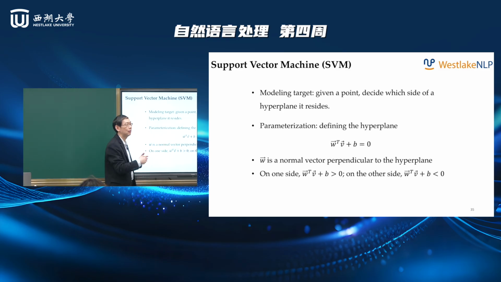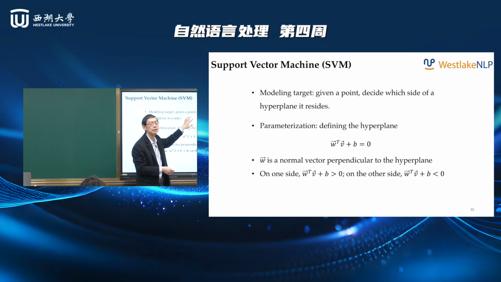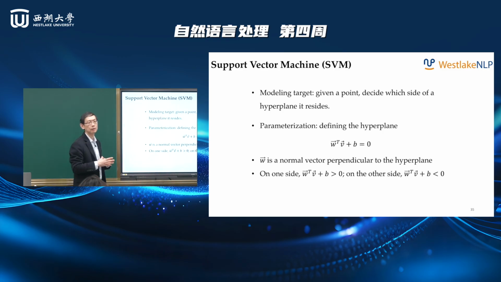So for all the vectors that are on the hyperplane, omega v plus b equals 0. For all the vectors on one side of the hyperplane, it's above 0. For all the vectors on the other side of the hyperplane, it's below 0. This is what you learned, right?